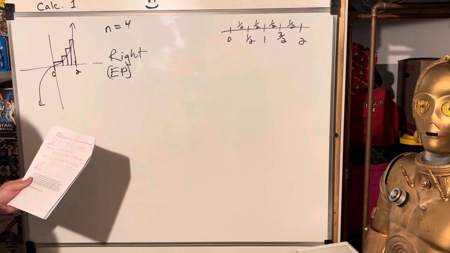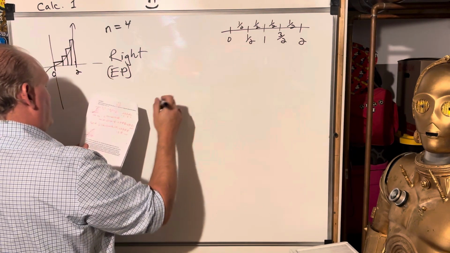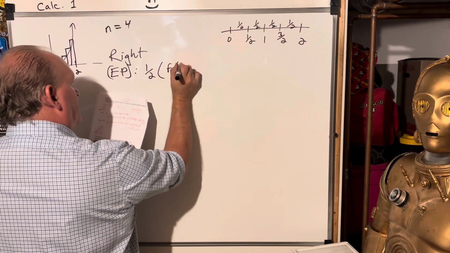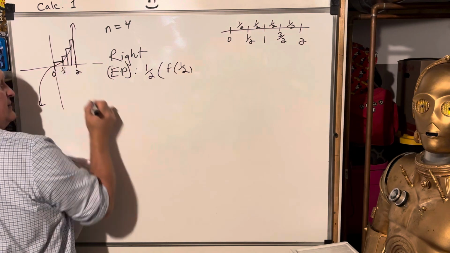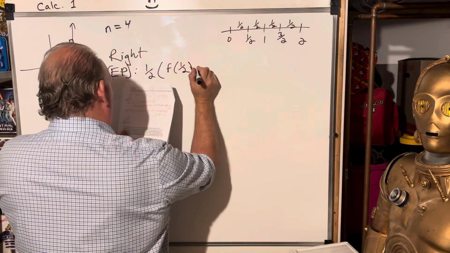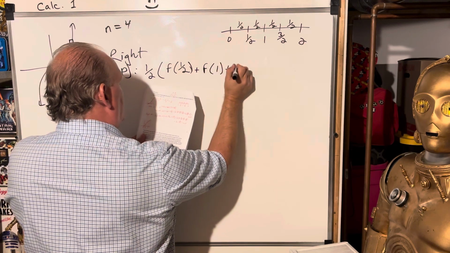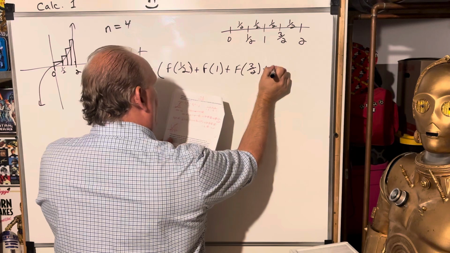All right, so the right endpoint version is going to be 1/2 times f of 1/2. I'm going to actually start with this one, plus f of 1 plus f of 1.5 or 3/2 plus f of 2.